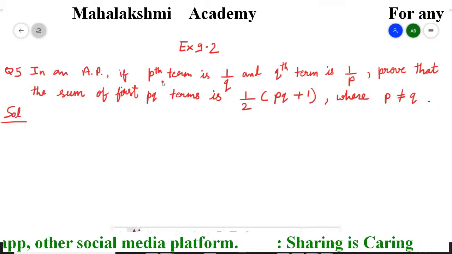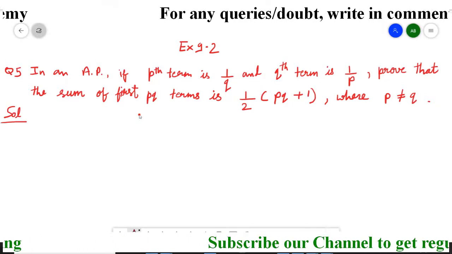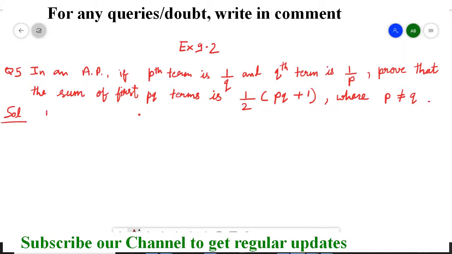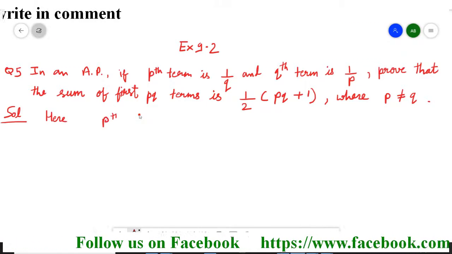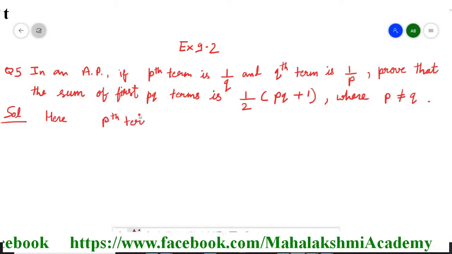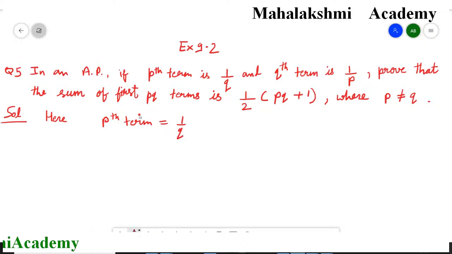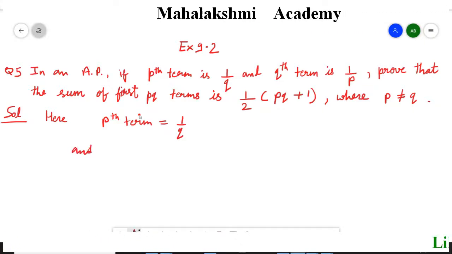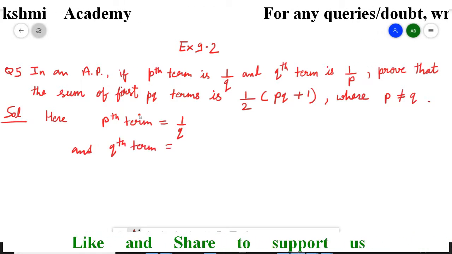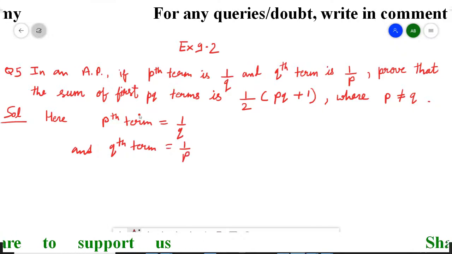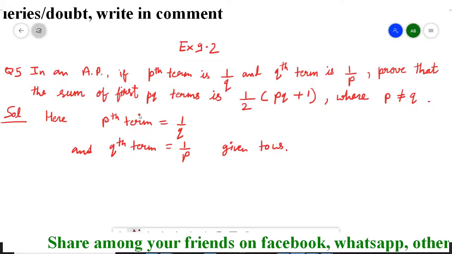Firstly, since the pth term is given, we have to use the nth term formula. First we will write down whatever is given to us here. The pth term is equal to 1 upon q and the qth term is equal to 1 upon p, given to us.